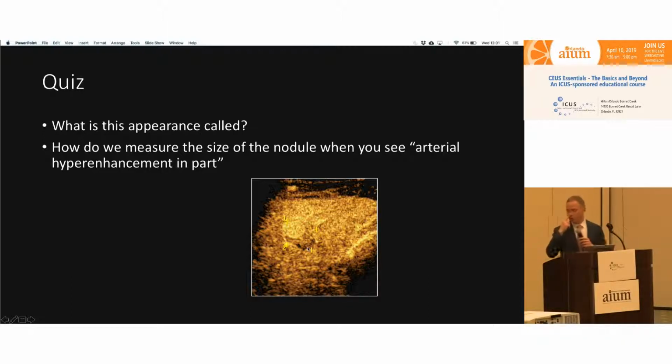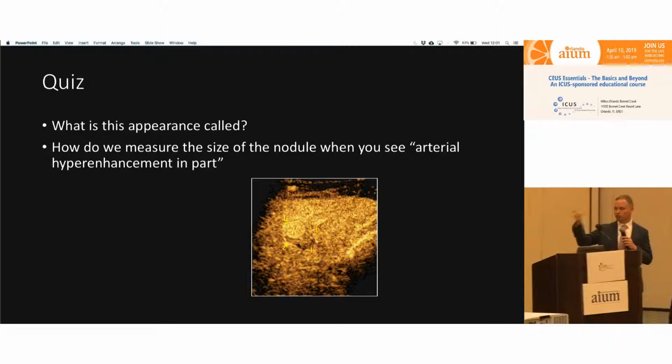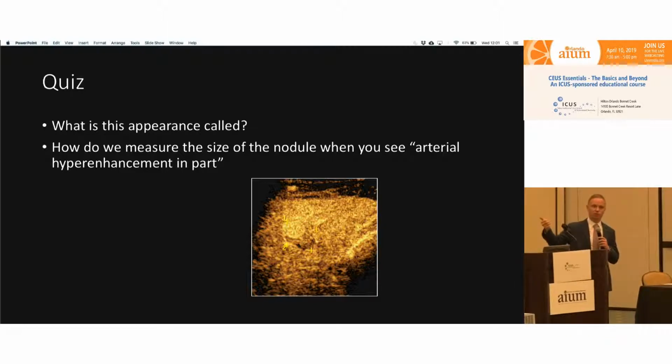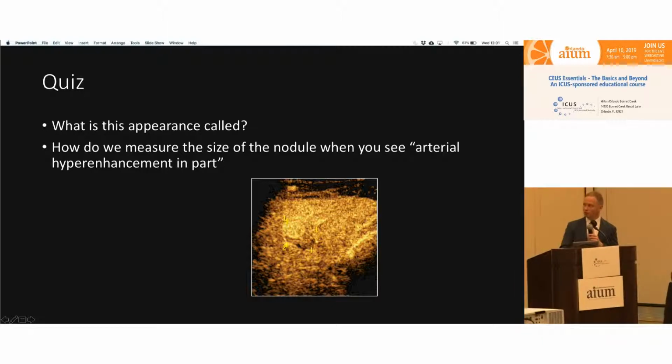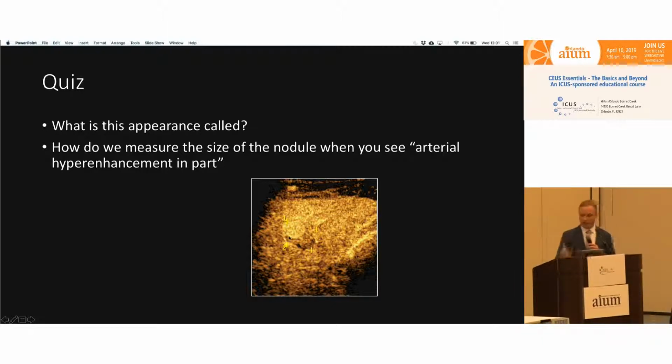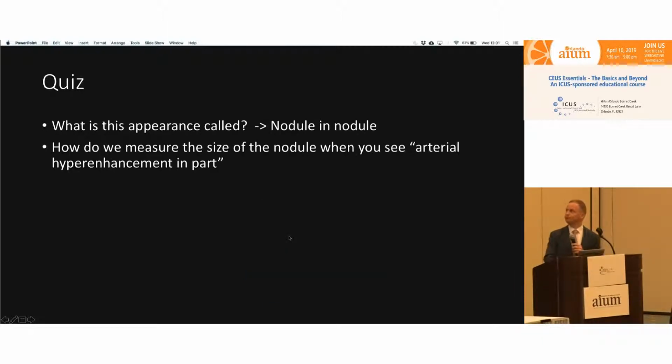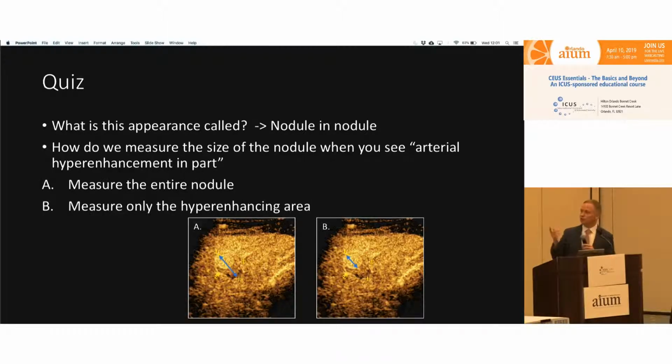We don't know for sure, but our consensus opinion is that it is early HCC in a dysplastic nodule. So all of this combined is probably a large dysplastic nodule with a focus of HCC growing into it. Nodule in nodule.